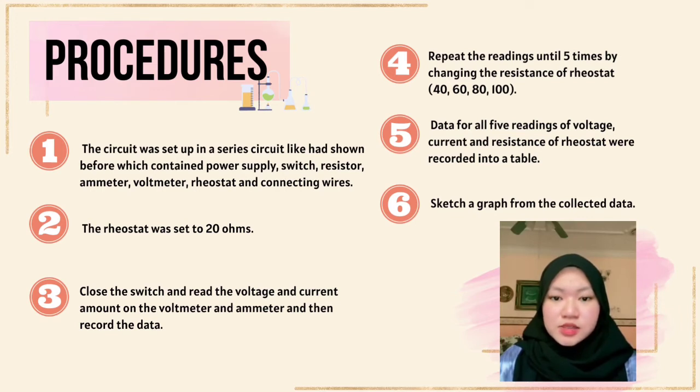Next, the readings were repeated until 5 times by changing the resistance of the rheostat. After that, data for all the 5 readings of voltage, current, and resistance of rheostat were recorded into a table. And lastly, a graph was sketched from the data collected.